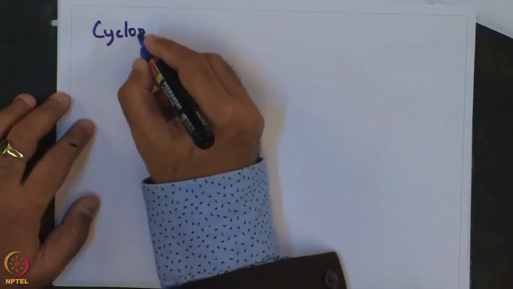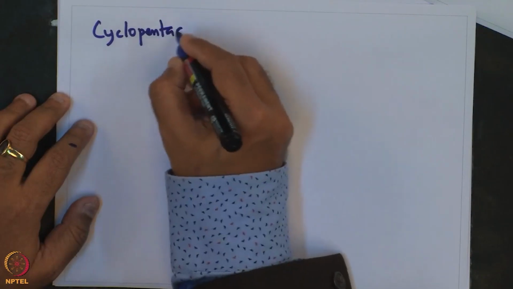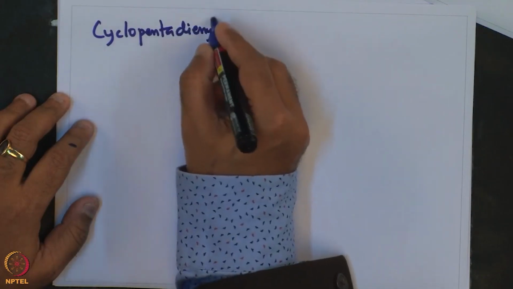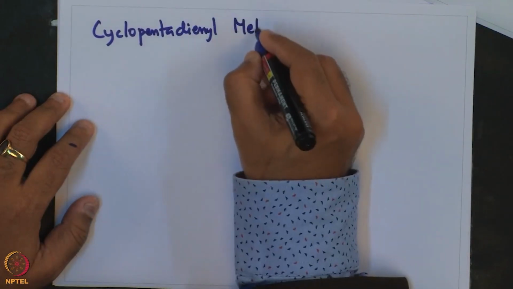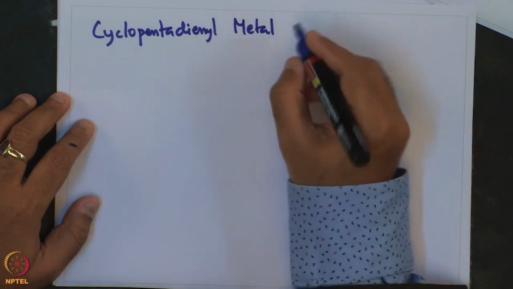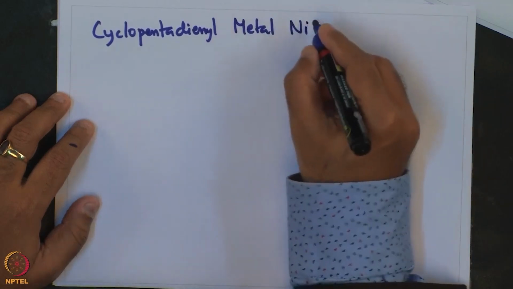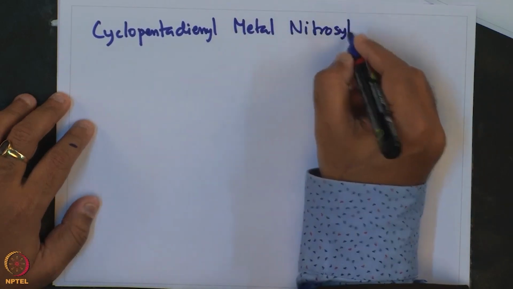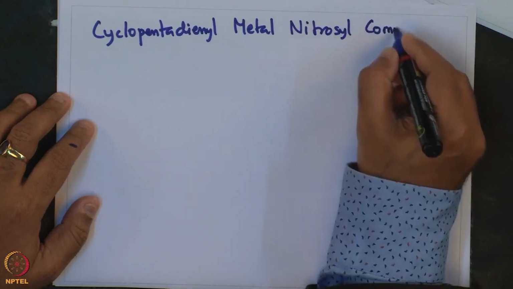transition metal nitrosyl complexes. So, instead of the carbonyl complexes that we have been talking about, now we are going to be talking about cyclopentadienyl metal nitrosyl complexes.